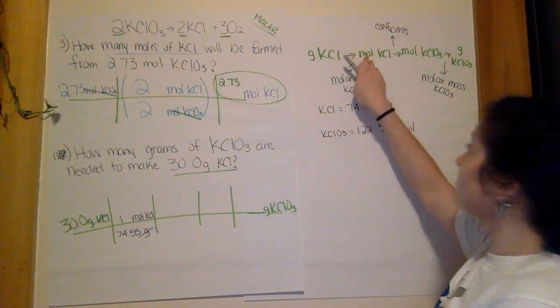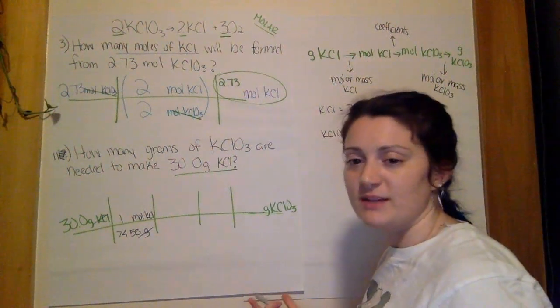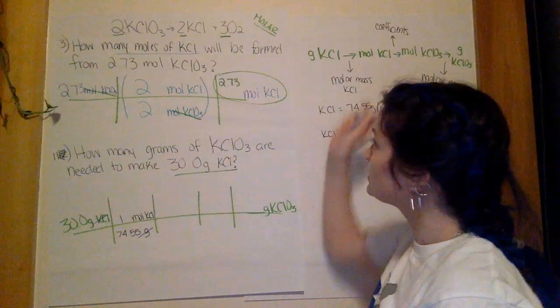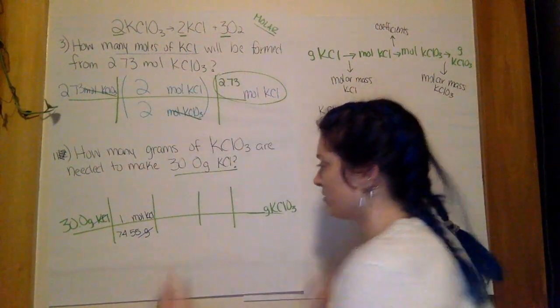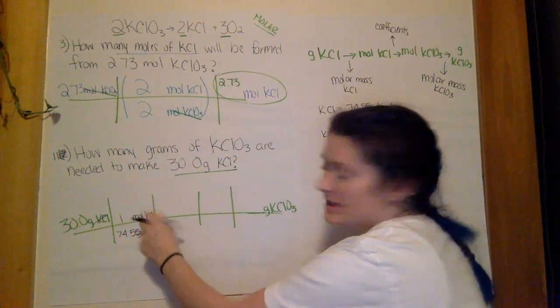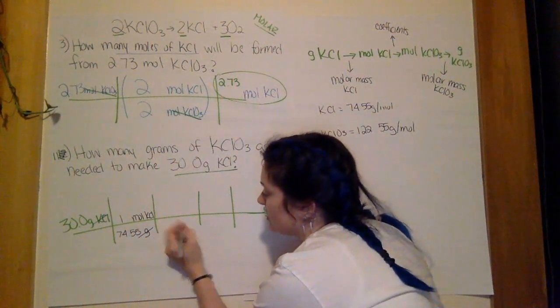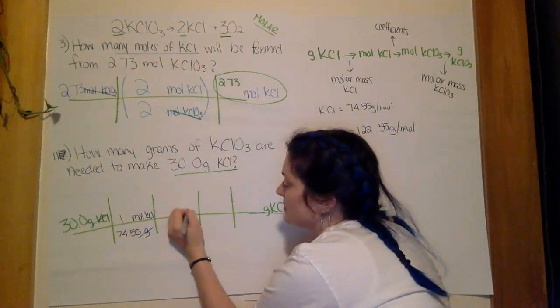Now I need to convert from moles of KCl to moles of KClO3. That's the whole point of balancing an equation. So coming back over here, 2 to 2, but I'm going to write them in anyway. Moles of KCl is the unit that I was left in, so moles of KCl is going to go on bottom. Moles of KClO3 is going to go on top.